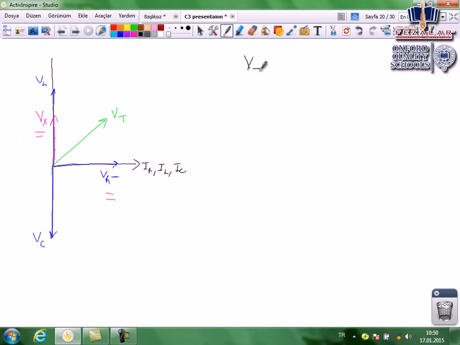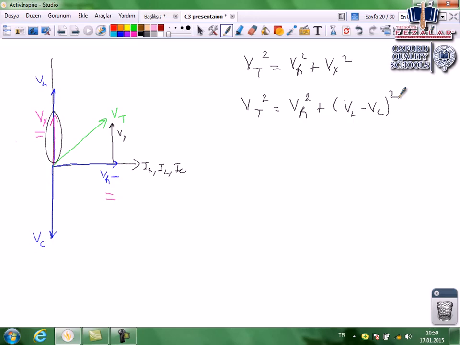Total voltage is the hypotenuse of this right triangle, let's move Vx here. The hypotenuse equals VR squared plus Vx squared, and the total voltage will be the square root of VR squared plus Vx squared, where Vx is VL minus VC.